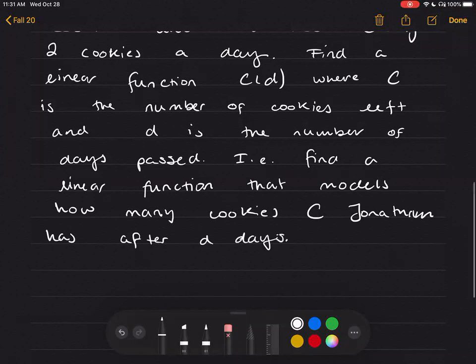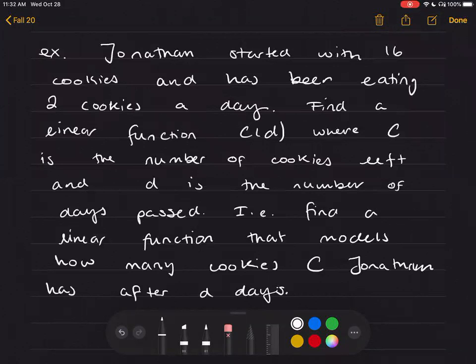Okay, so Jonathan started with 16 cookies, has been eating them 2 cookies a day. We want to write down a linear function that describes how many cookies Jonathan has left after whatever number of days, right? And so we noticed a couple things about the setup.